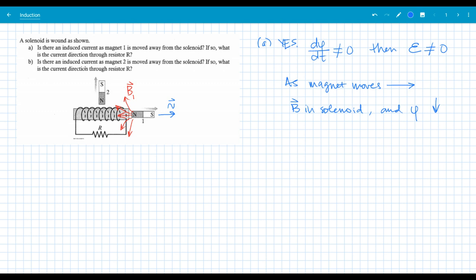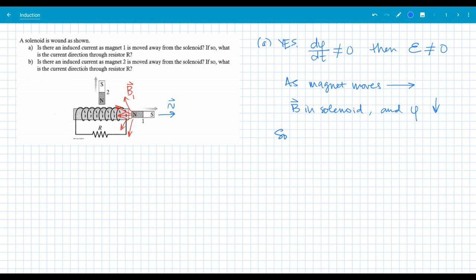It doesn't want that B field to be reduced, so it's going to produce a B field itself to fill in the gap of that decrease. Use the right-hand rule: what direction will the current have to be in order to produce a B field directed to the left?